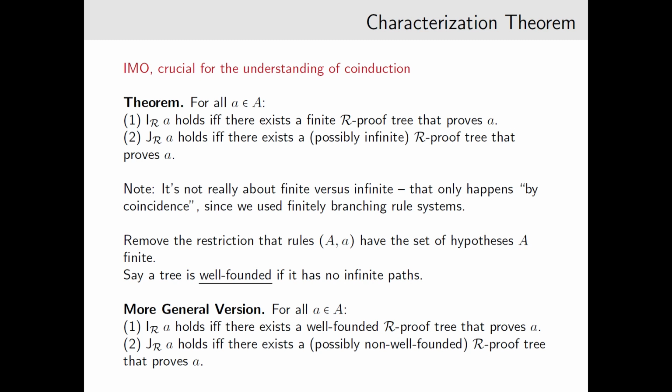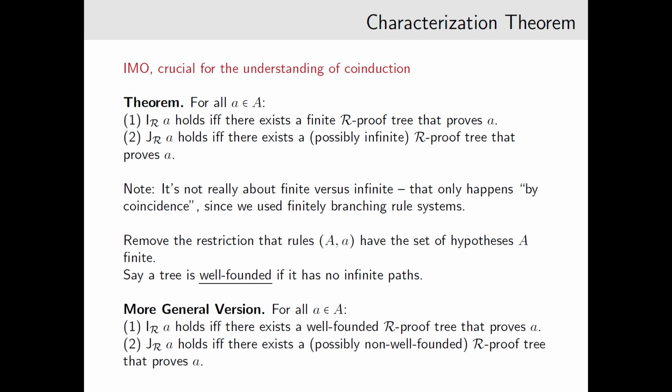Okay. Now, a final note before I go to a quick demo. I spent all my time arguing that we're talking about infinite versus finite and so on. It's an important intuition, but this is really not about infinite versus finite.